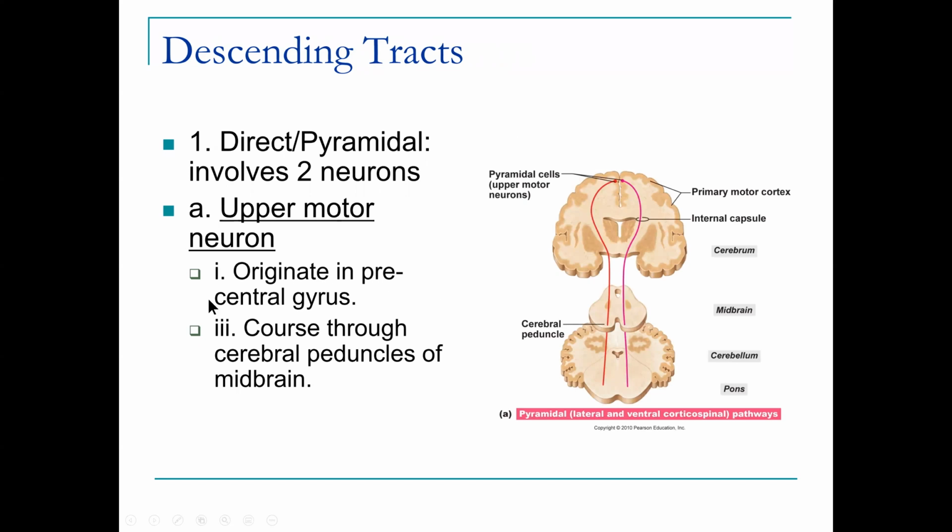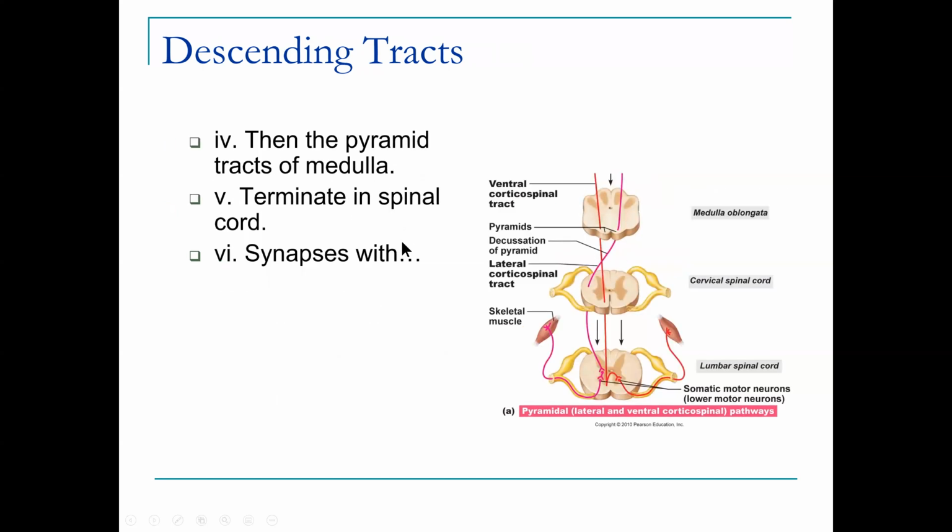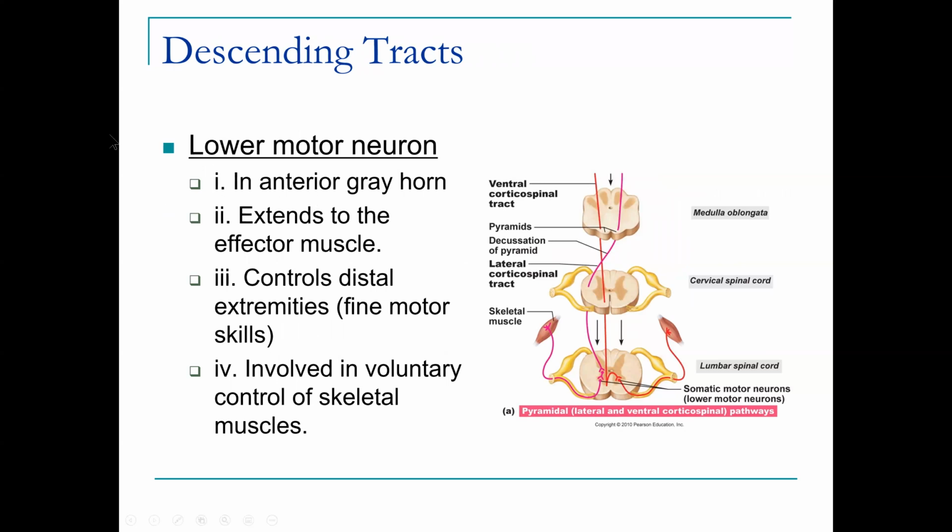The upper motor neuron originates in the precentral gyrus, courses through the cerebral peduncles of the midbrain, then the pyramid tracts in the medulla, and terminates in the spinal cord. So this is the upper motor neuron, and it synapses with the lower motor neuron in the anterior gray horn.